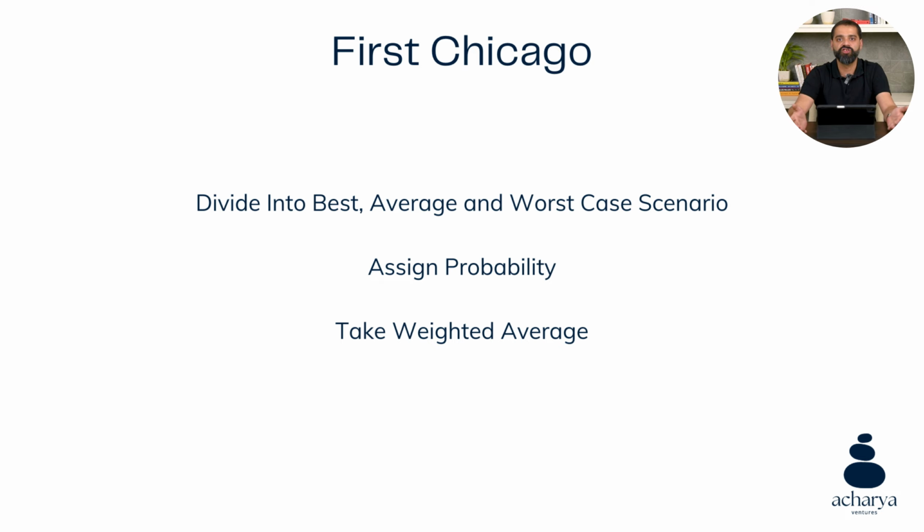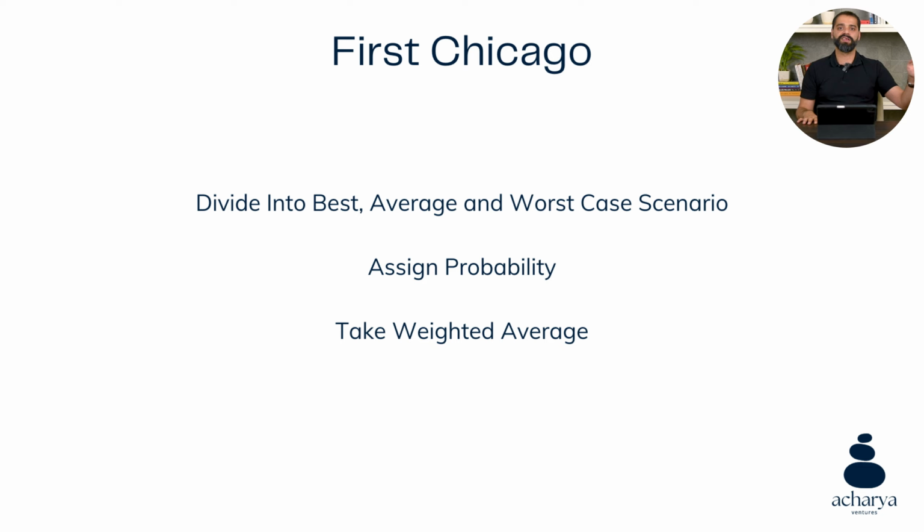Then there is the First Chicago method, where you do create a financial model and do discounted cash flows, but not just for one model. You create 3 scenarios: the best case scenario, the more likely average case scenario, and the worst case scenario. You assign different weightages to these scenarios.